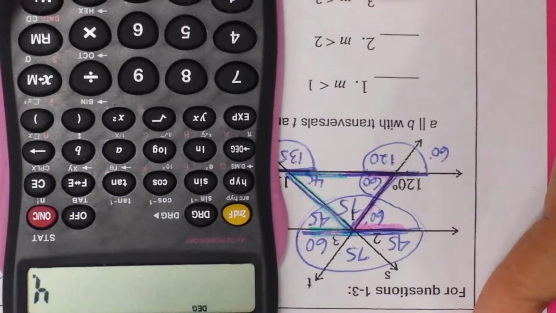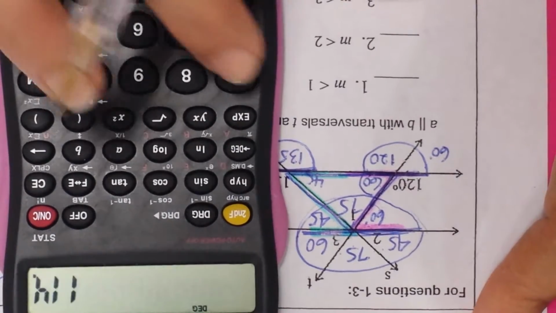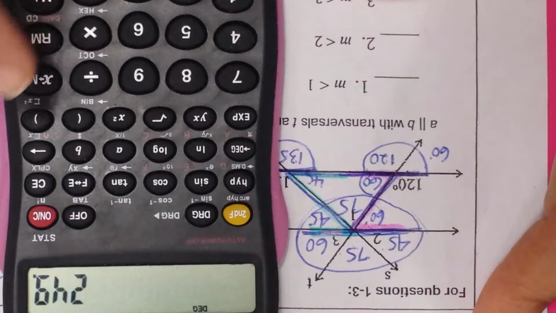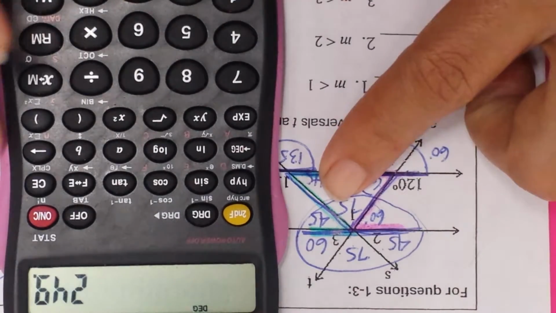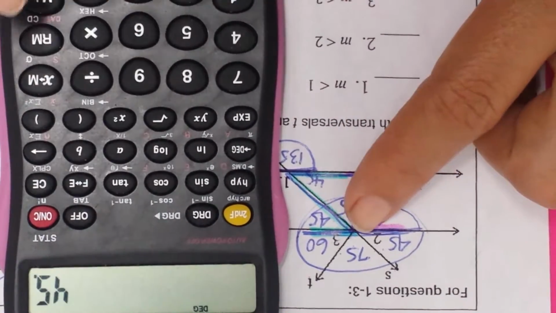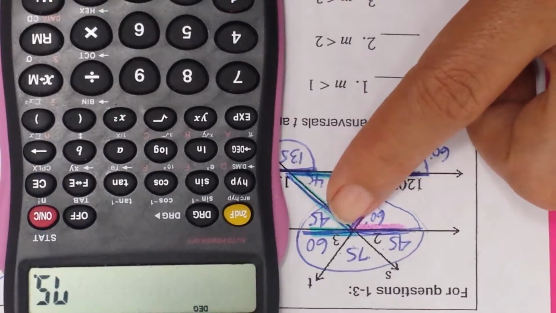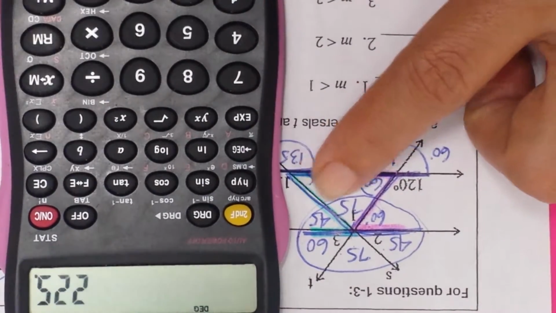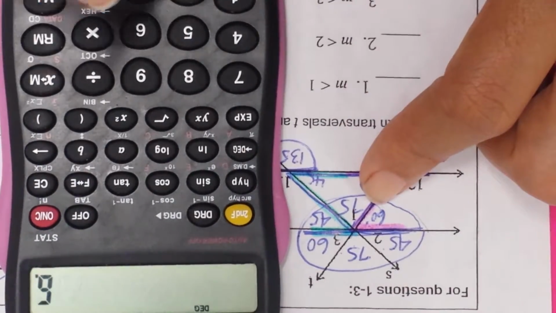So 45 plus 75 plus 60 plus 45 plus 75 plus 60. Clearly, I did something wrong if I got 249. Hold on. 45 plus 75 plus 60, plus 45 plus 75 plus 60.